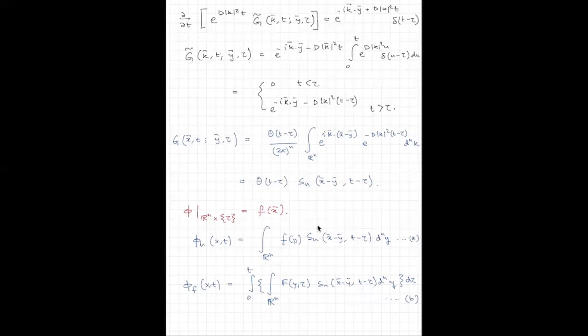The solution at t depends only on the cumulative effect of these conditions applied at earlier times tau less than t, and the conditions applied at tau, for example, can't influence the past.